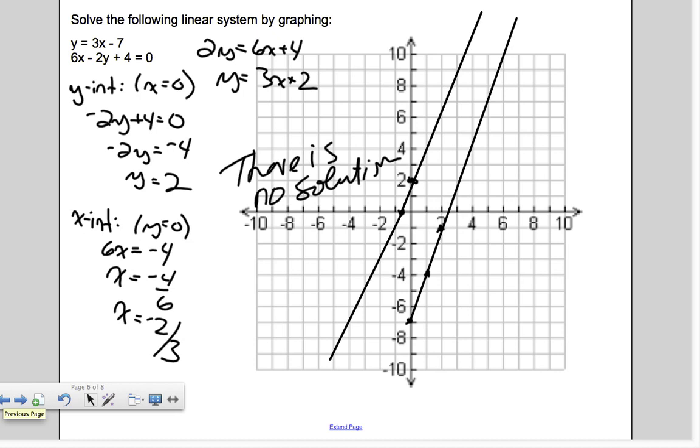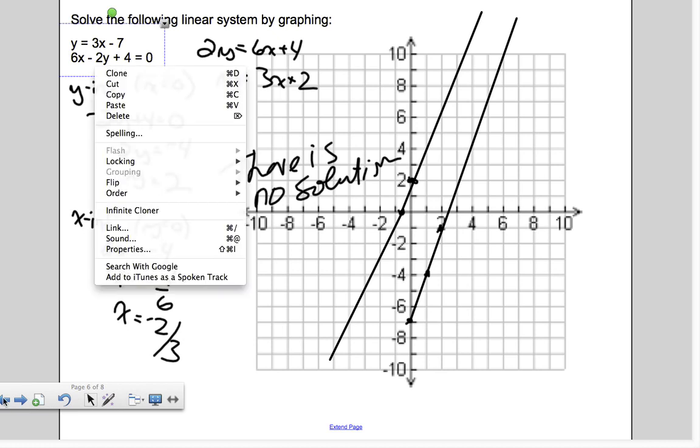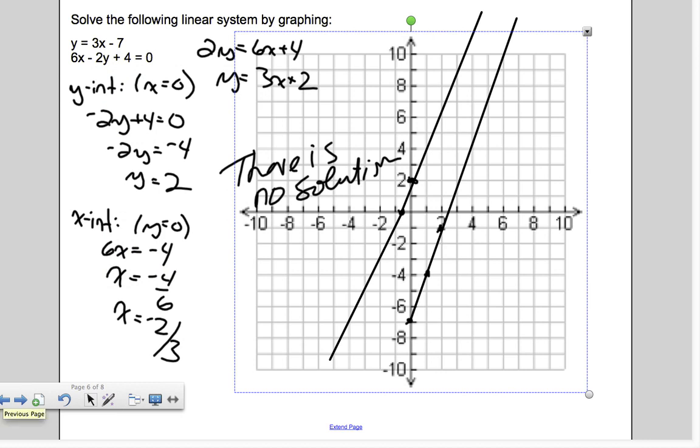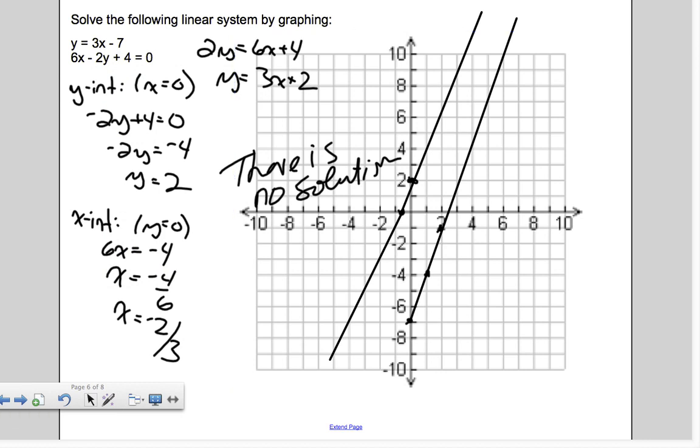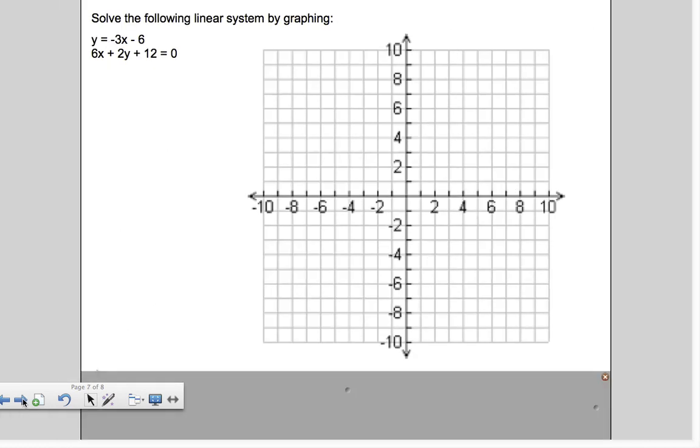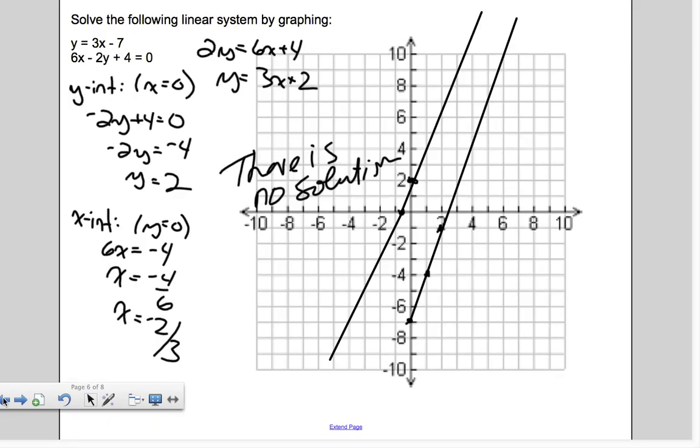If I put this into y equals mx plus b form, I get y is equal to 3x plus 2. They both have a slope of 3, so they'll never intersect. They'll never cross.